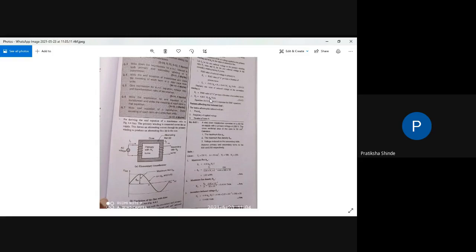That is a lengthy derivation and not important from the exam point of view. So just take into consideration your EMF equation: E1 is equal to 4.44 f phi m N1, and E2 is equal to the same, just replacing 1 with 2.